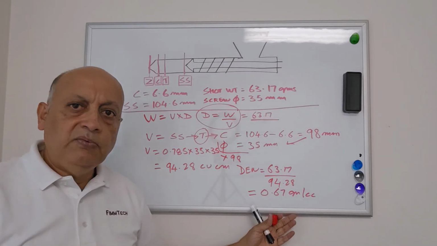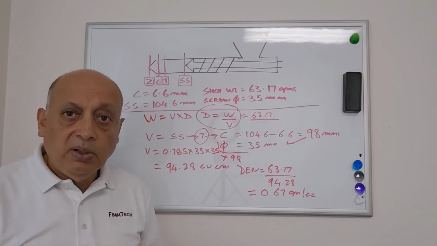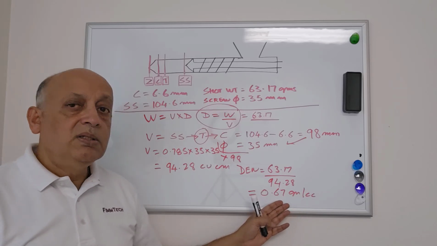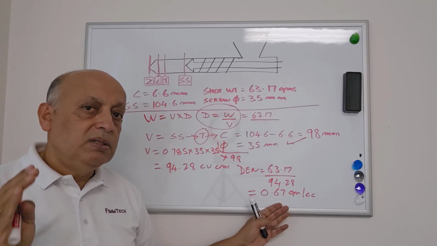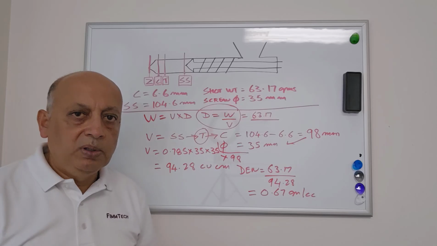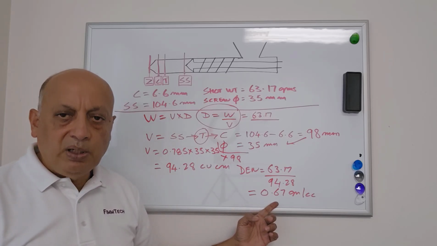Right? A very simple formula example I'm giving you. Now this is the actual melt density, because this is what we are injecting inside the mold, right? So this is the actual melt density.